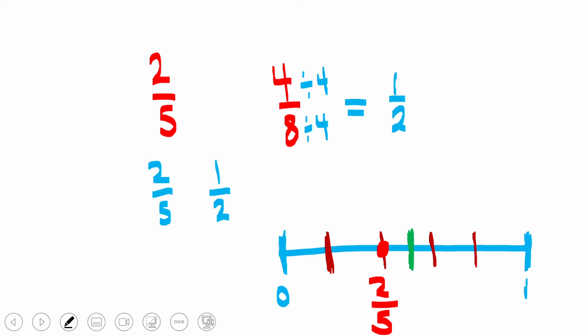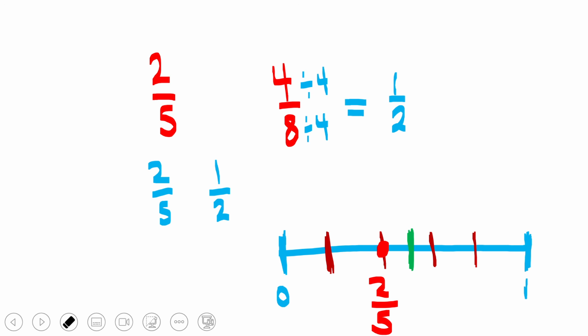That breaks the number line into 2 parts. 1, 2. Half and half. So it will fall that we mark our point 1/2 on a different tick mark than what we divided for 2/5 originally.